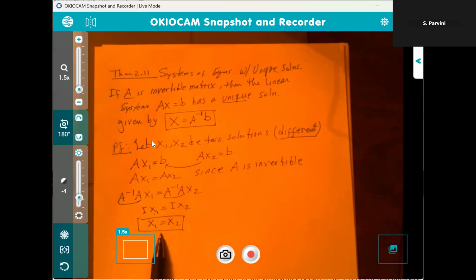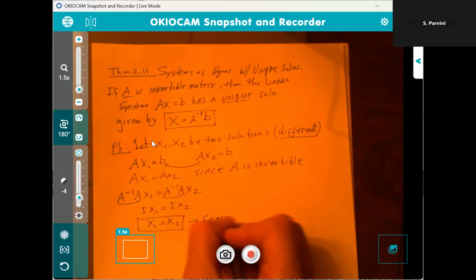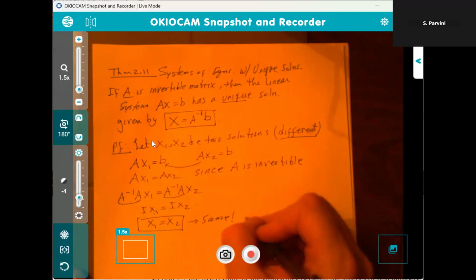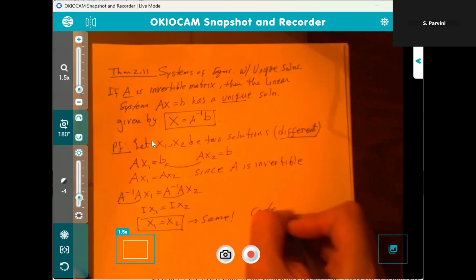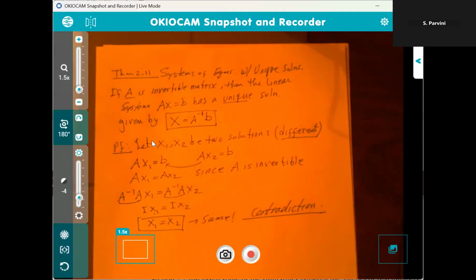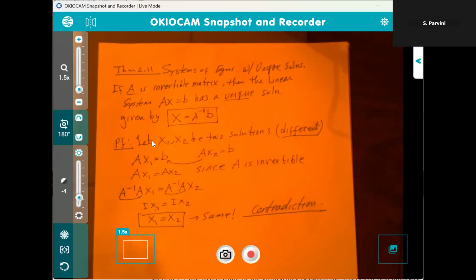We show that no, they have to be the same. They cannot be different, right? This means these are the same, not different. So then there is a contradiction. So we prove this by contradiction, because again, we assume they're different, and then we show that they cannot be different. They have to be the same.